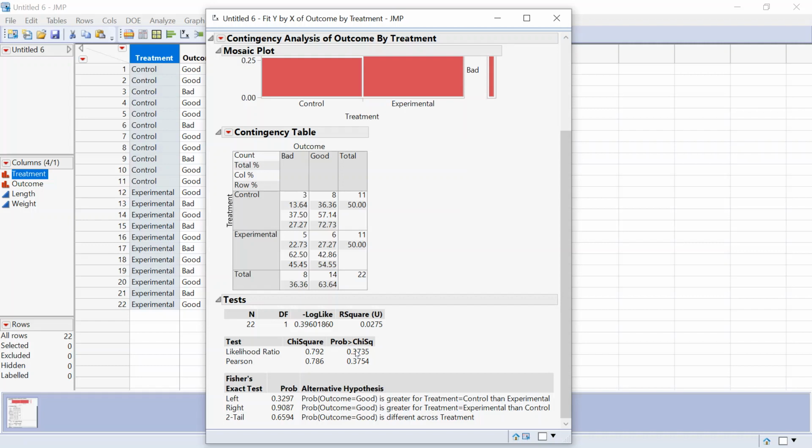In this test, the p-value is really similar, so you don't really need to worry about what the difference between those two tests are in terms of the assumptions they make. That's totally not significant, and none of these are significant either. None of them are below 0.05.